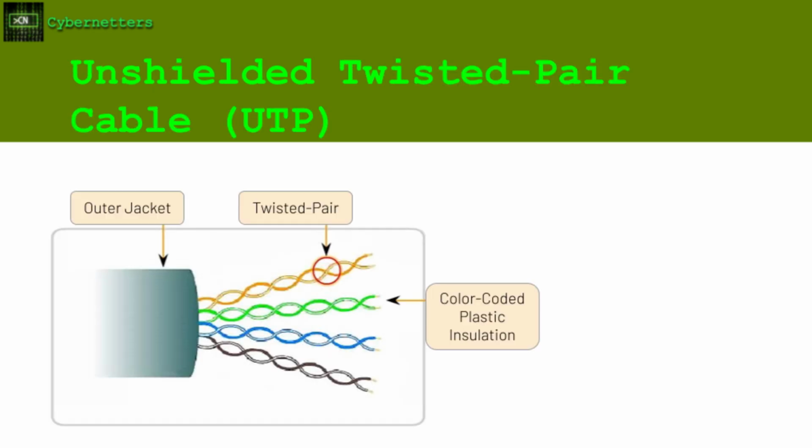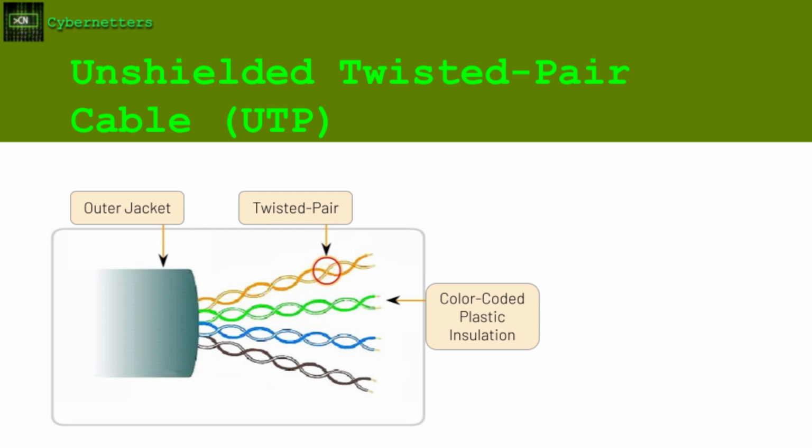Let's now dive deeper into unshielded twisted pair cables, otherwise known as UTP. It's basically a bunch of copper wires that are twisted together in order to limit signal interference. It is made of three parts, as you can see in the diagram. First, you have the outer jacket, whose main job is to prevent the cable from being physically damaged, like accidentally cutting it.